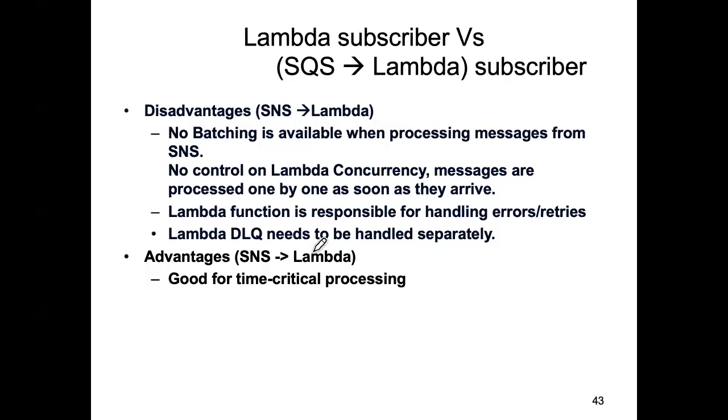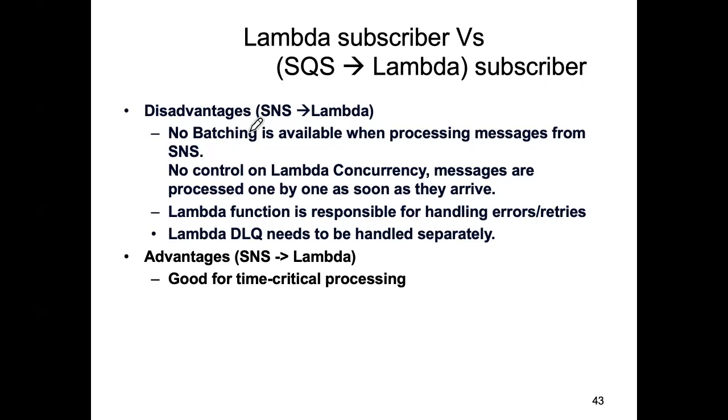And I was about to explain the difference between these two approaches: having a Lambda that's a direct subscriber, or a Lambda which is eventually triggered from an SQS subscriber. When you've got a Lambda that is a direct subscriber to SNS, you don't have any batching. That's just the way SNS works.